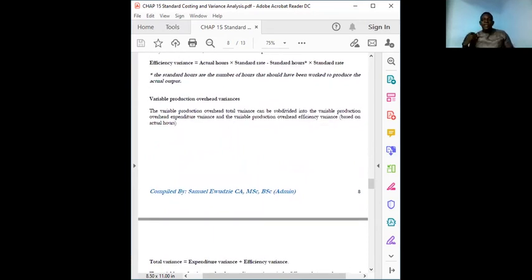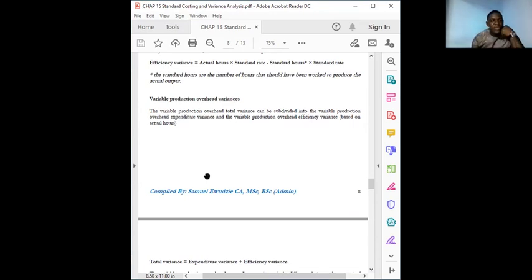Then we have the variable production overhead variance. So we have material, labor and variable production overheads, and these are the variable cost variances. So let's look at the variable production overhead variances.